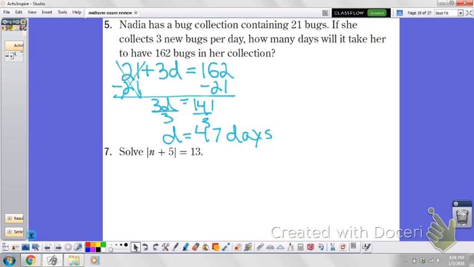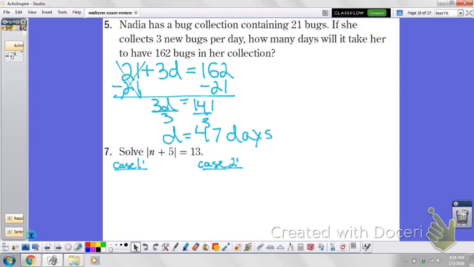Number 7, we have to solve the absolute value of n plus 5 equals 13. Remember, since the absolute value of positive 13 is equal to 13, and the absolute value of negative 13 is also equal to 13, we will have 2 cases or 2 solutions for this absolute value equation.